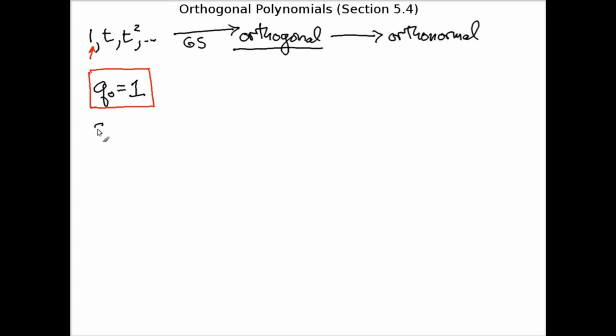Now, what about Q1? How does Gram-Schmidt work again? Gram-Schmidt says you start with your second basis vector, which is to say t.